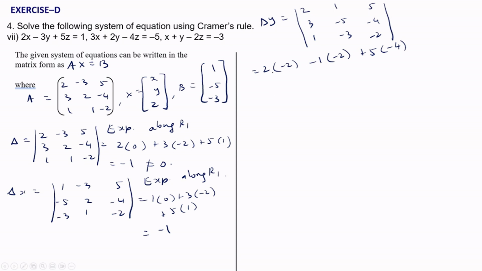So this is minus 4 plus 2 minus 20. So it is minus 24 plus 2, which is minus 22. So delta y is minus 22.